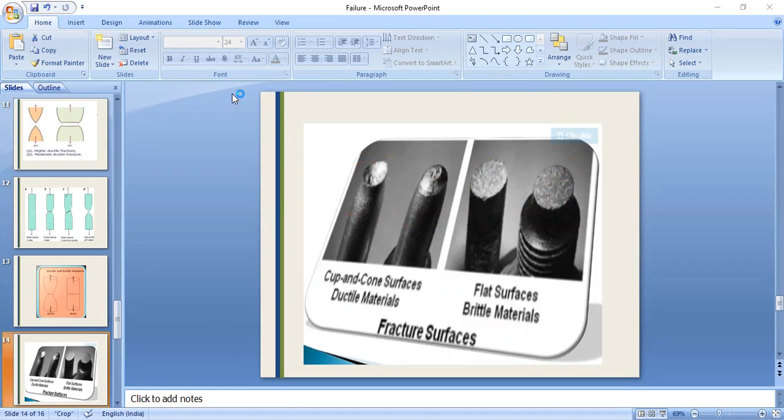So by studying or examining these fracture surfaces, we can come to know the reason behind that fracture, which kind of load has been applied, and why the material has failed.